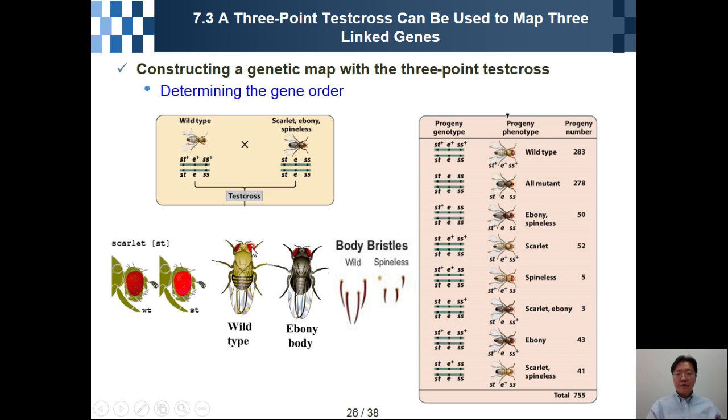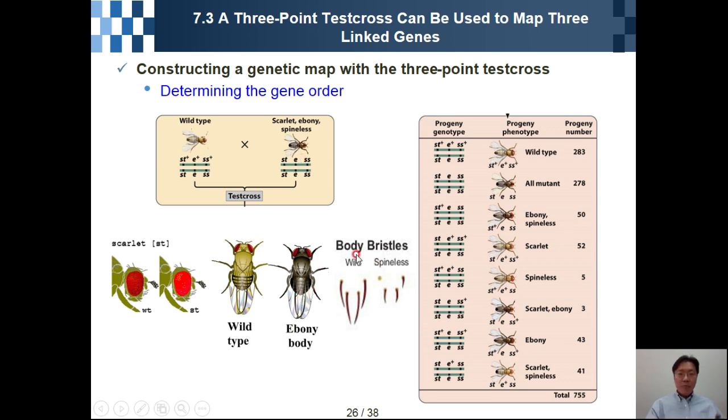This is the wild type body color, and this is the ebony body color. The ebony body is very black, like this. The wild type is dominant over ebony, so e+ is dominant over ebony, small e.